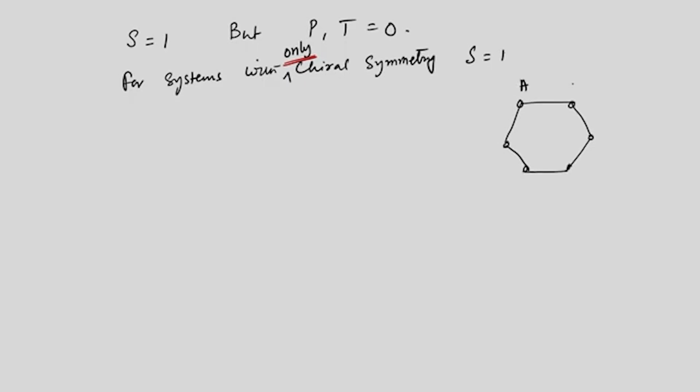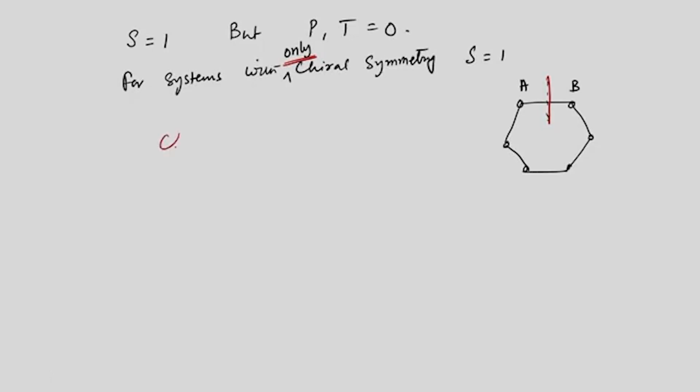So these are A and B. If you draw a line here, then you can invert about this red line, and A becomes B and B becomes A. Since both A and B correspond to carbon atoms in graphene, that's how it has a sublattice symmetry, and the same goes for the SSH model. So the chiral symmetry is a sublattice symmetry for systems with sublattice.